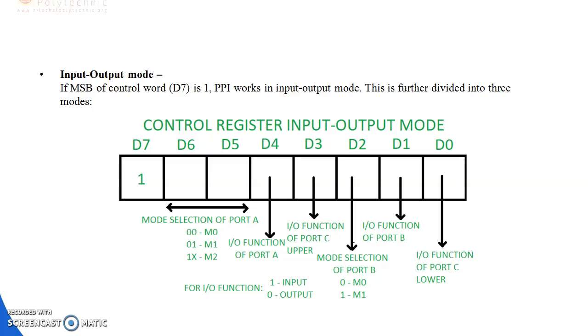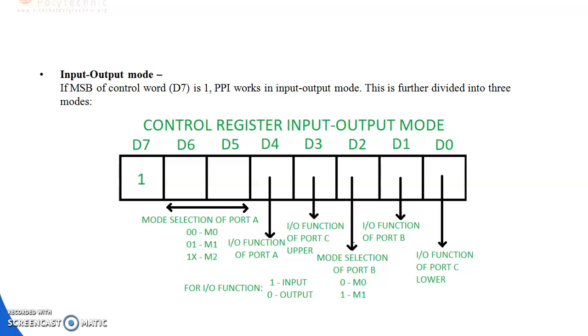Then the input output mode: if the MSB of the control word, D7, is 1, then the PPI works in input output mode. This is further divided into modes. So first, mode selection of port A: if it is 00 then mode 0, if it is 01 then mode 1, and if it is 1x then it is mode 2 for input output function.